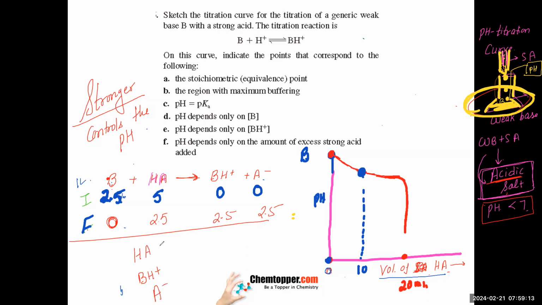So according to your understanding, who is stronger here? Who is stronger? If you remember the line here, we are titrating with a strong acid. So who is stronger, children? Yes, answer fast, Azuni.